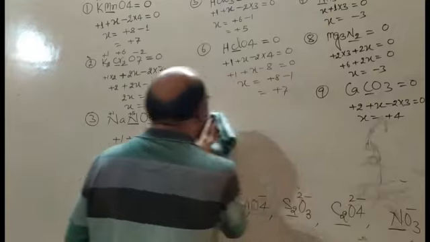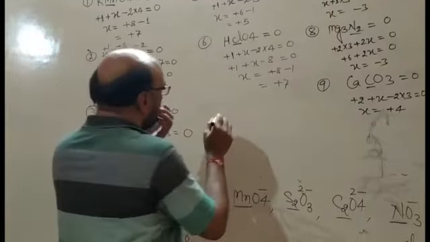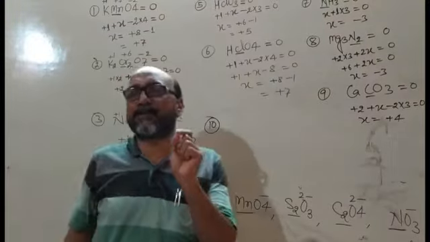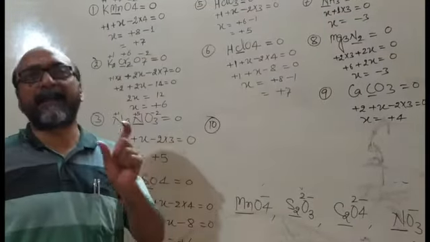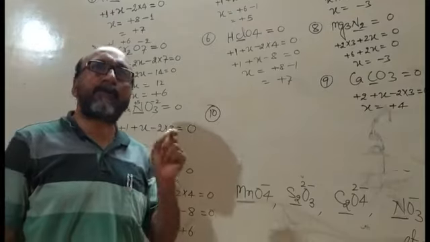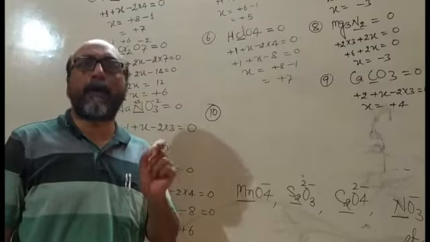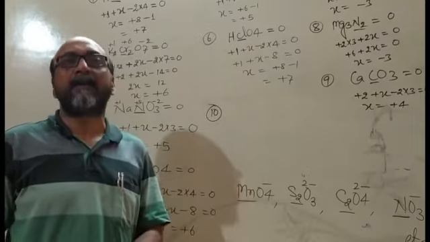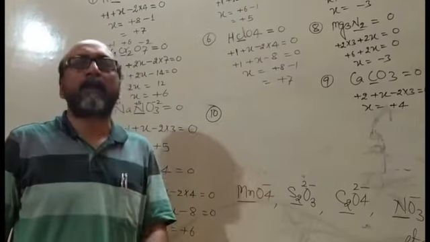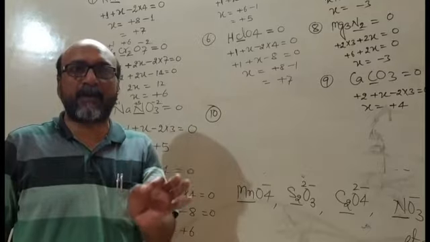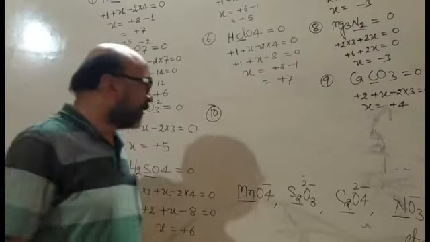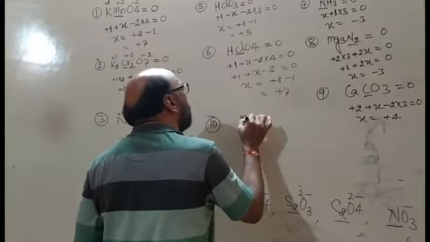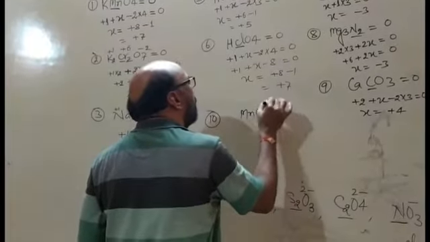Now some ions are given. So we have learnt in the rule the algebraic sum of oxidation states of all elements present in an ion is equal to the charge present on the ion. So here it is a permanganate ion, MnO4 minus.